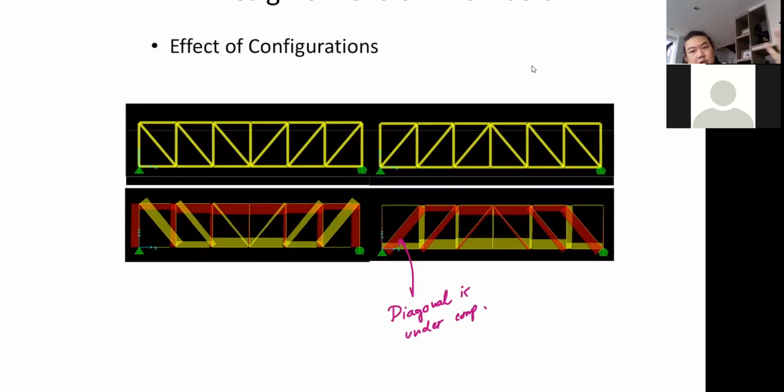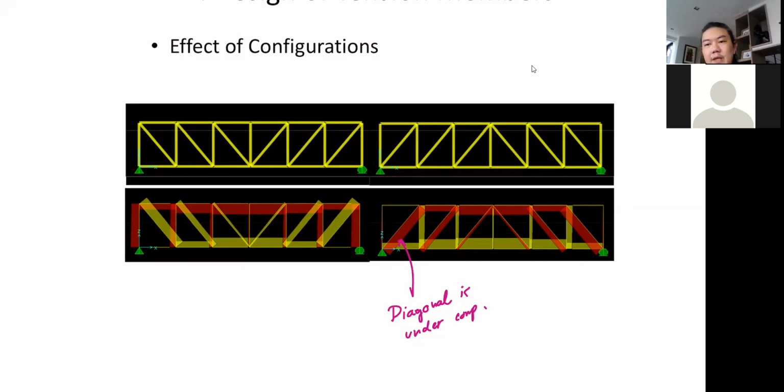And in compression, as I mentioned, the steel member is going to have a problem with buckling and so on. So preferably, if you could, you would want to handle tension rather than compression in terms of member design.